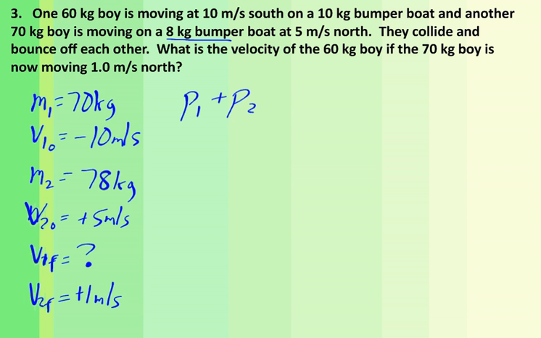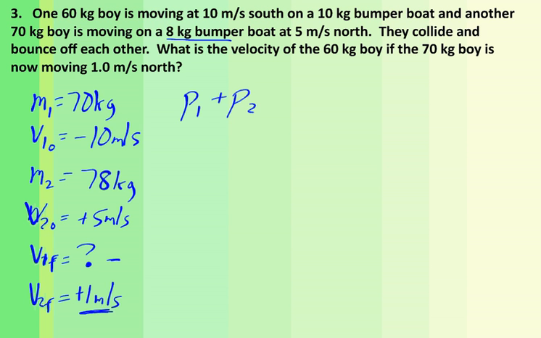So hopefully, if you think about this scenario, the 70 kilogram boy in the 8 kilogram bumper boat was moving north, and he's continuing to move north, which means hopefully this velocity will come out to be negative, because otherwise somehow magically these bumper boats went through each other.